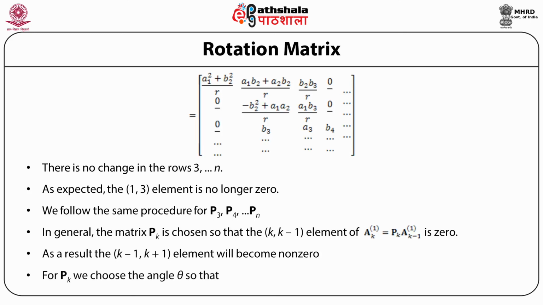For Pk, we choose the angle theta so that sin theta_k equals bk divided by under root of bk square plus a(k minus 1) square equals bk by r. Cos theta_k equals a(k minus 1) divided by under root of bk square plus a(k minus 1) square equals a(k minus 1) by r, where r equals under root of bk square plus a(k minus 1) square.